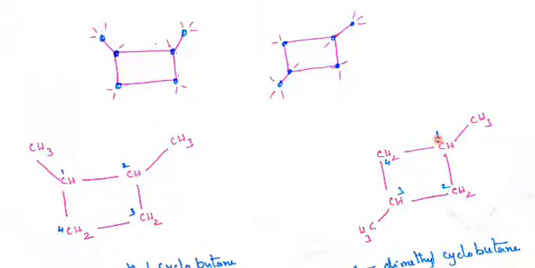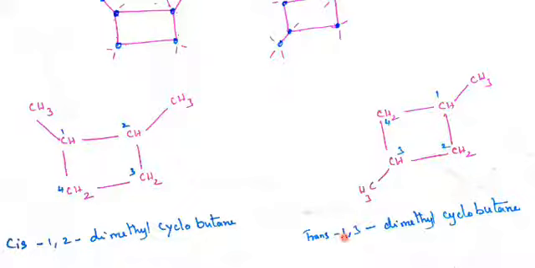Numbering from the substituent, 1, 2, 3, 4, in the first carbon and the third carbon methyl groups are present, so it is 1,3-dimethyl. The structure is a closed chain of 4 carbons, so cyclobutane. So trans-1,3-dimethylcyclobutane, because they are in opposite directions.